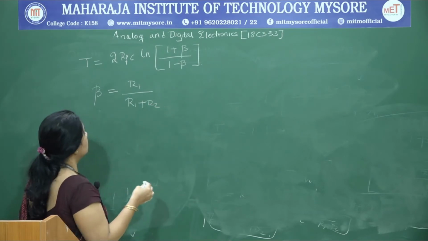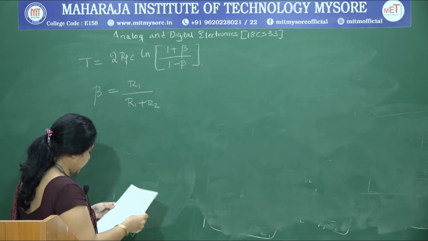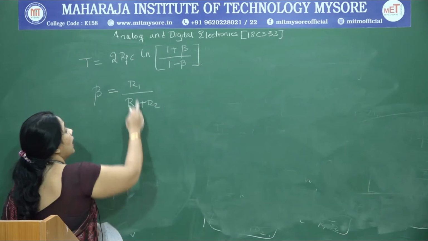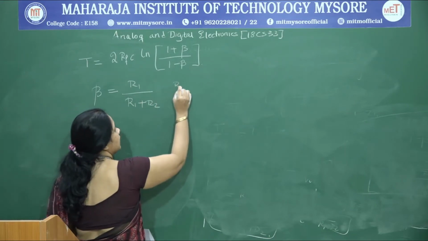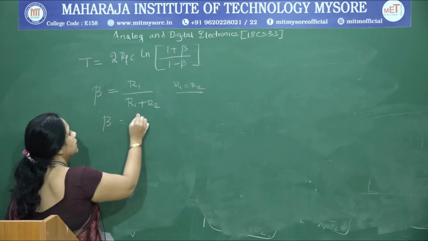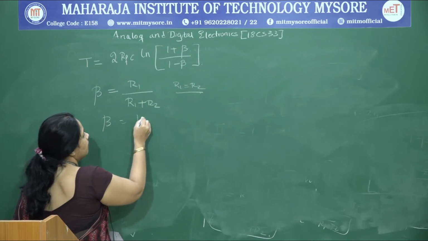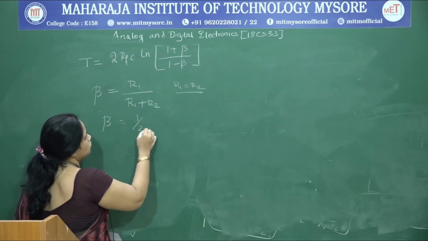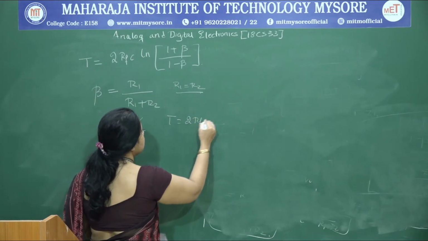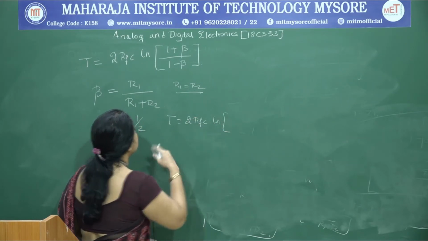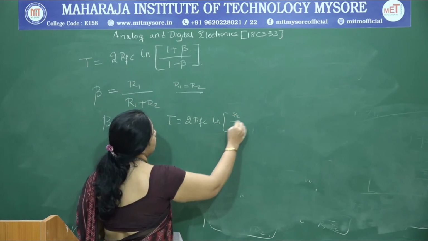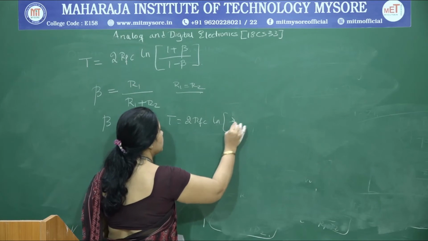If you are to design this, say I take R1 and R2 equal. So, if R1 is equal to R2, this beta becomes 1 by 2. Substituting these values, T becomes 2 into RfC logarithm of 1 plus beta, which is 3 by 2, by 1 by 2, so you end up getting logarithm of 3.